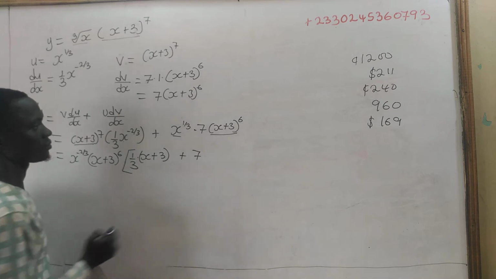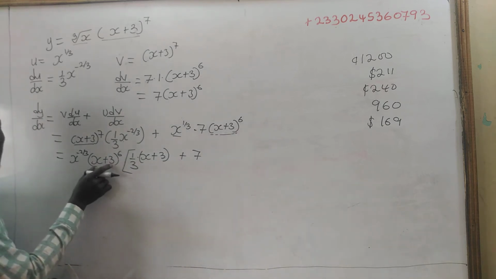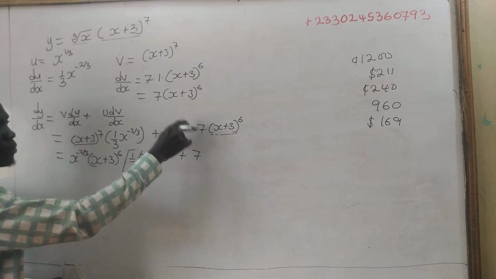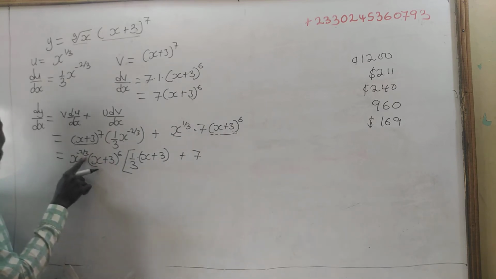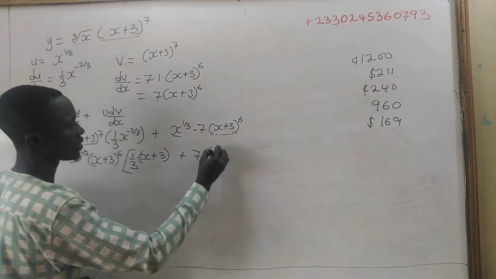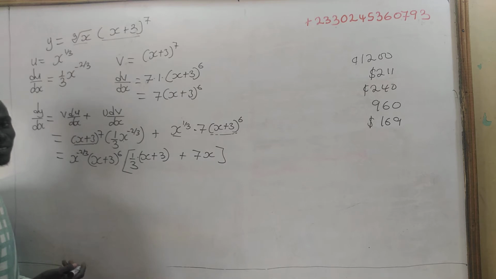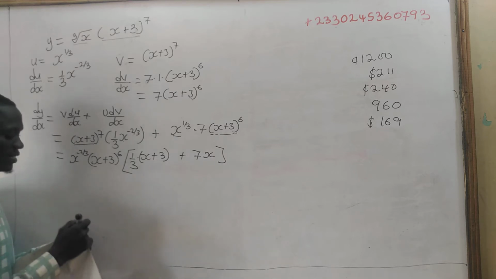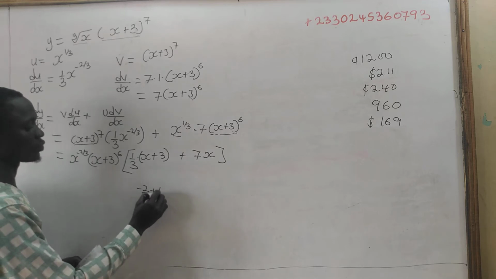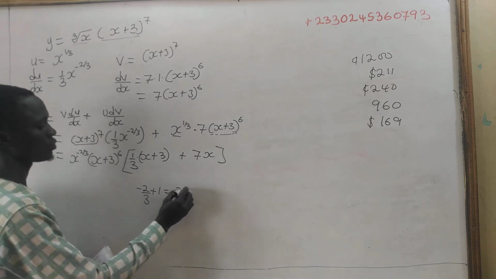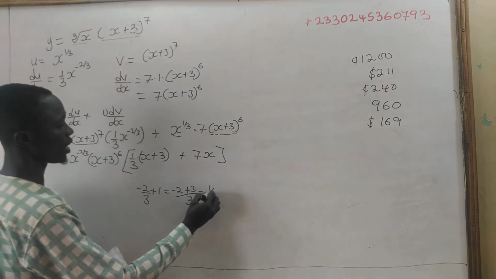Plus 7. (x plus 3) to the power 6 is what we have here. Now you have x to the power 1 out of 3, and you've brought out negative 2 out of 3. So what will remain? It will remain x. The reason being that if I have negative 2 on 3 plus 1, it will give me negative 2 plus 3 divided by 3, which will give me positive 1 on 3.